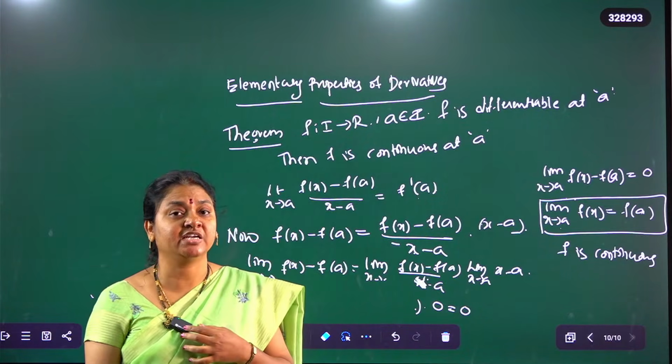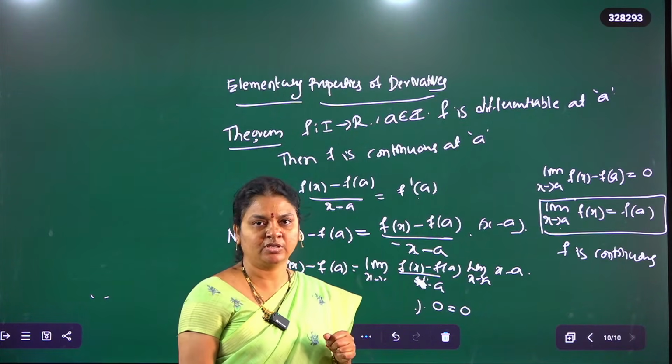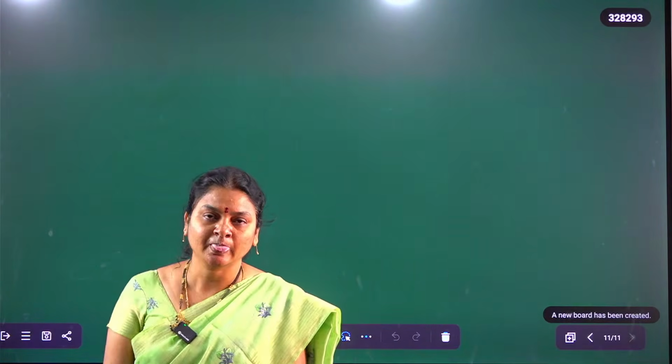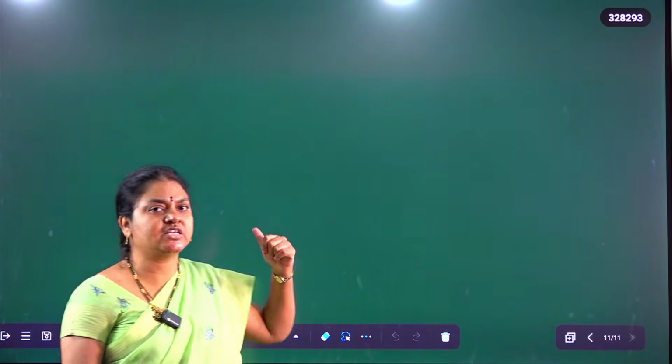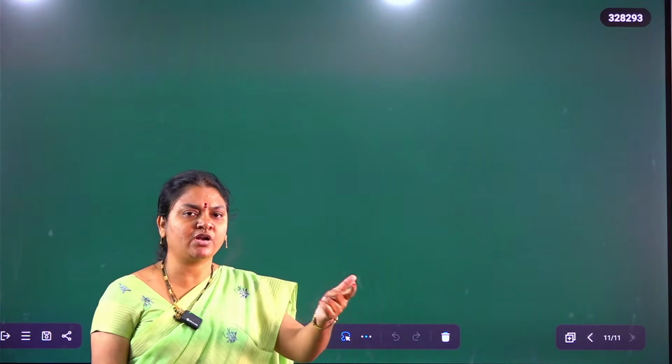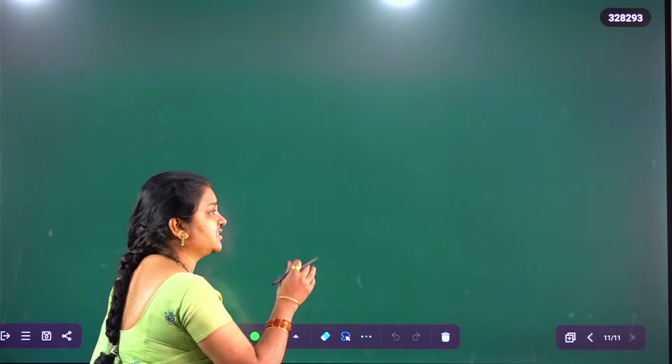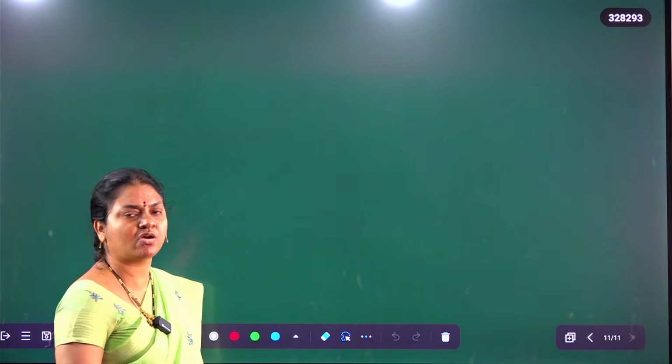But the converse need not be true. Right? Let's see that one also. We already proved in the previous theorem that if f of x is differentiable, automatically it will become continuous. Now, but the converse need not be true. What is the meaning of it?